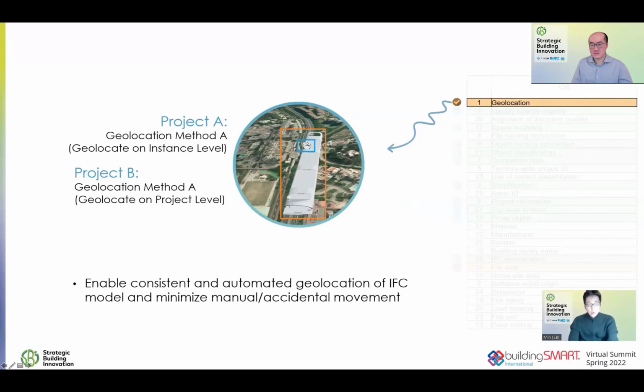Ideally, when you upload an IFC model to a 3D map, you want it to automatically find its correct position on the 3D map. But some of the methods don't really have all the required information to do that. So for us, it's important to pick the best method, which in this case was the approach used in IFC 4. So here the specification is checking whether the IFC 4 georeferencing is being used or not.